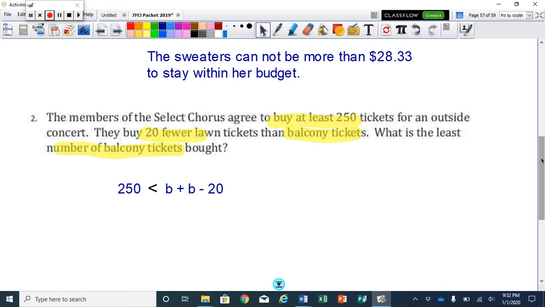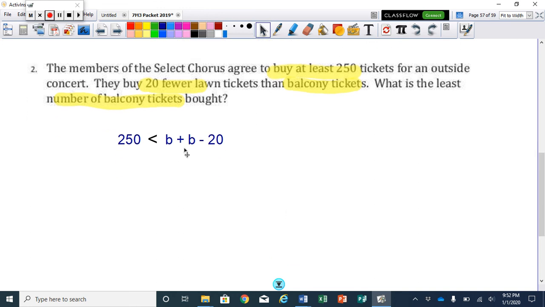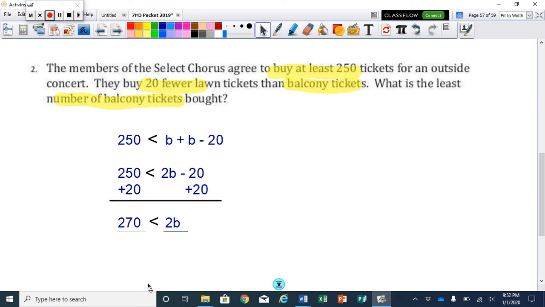So then I need to start solving it, combining the like terms. So I have 250 is less than 2B minus 20. If I add 20 to both sides, I get 270 is less than 2B. Divide each side by 2.